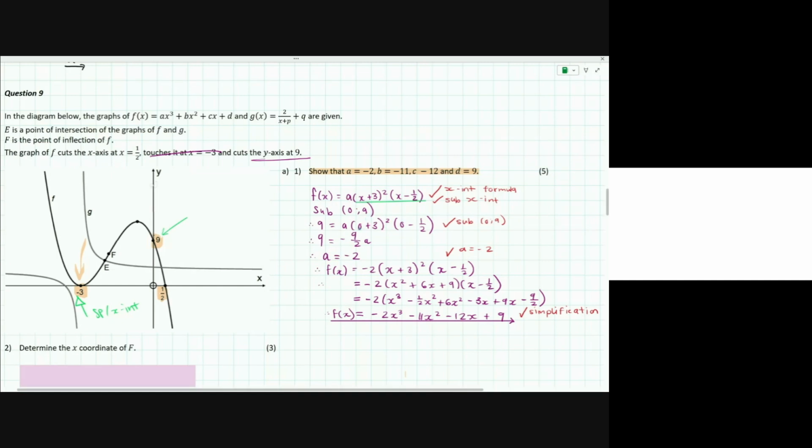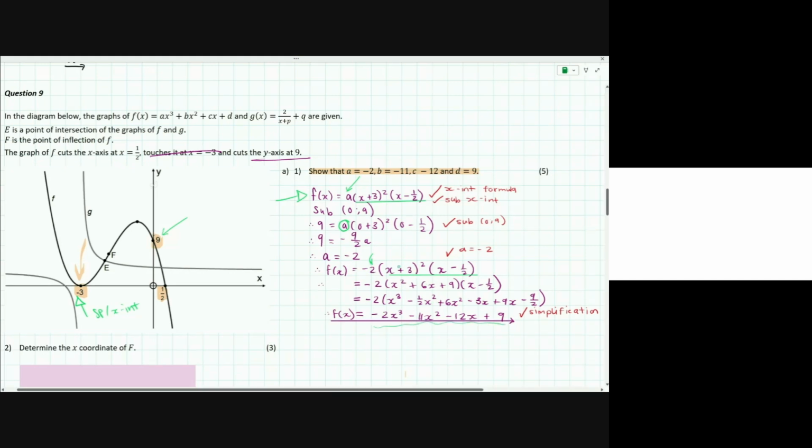That allows you to solve for a, because you're substituting in for x and for y, so the only unknown variable is a. You then substitute that back into the x-intercept form. Now we've got -2 and then my x-intercept brackets. I can then distribute all of that out and I get my values of a, b, c, and d.